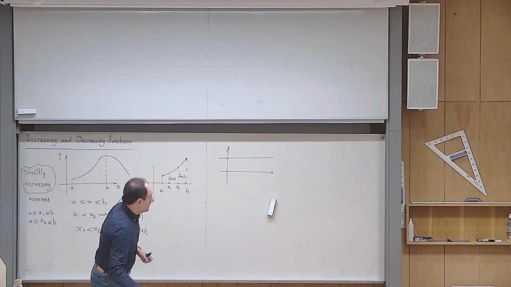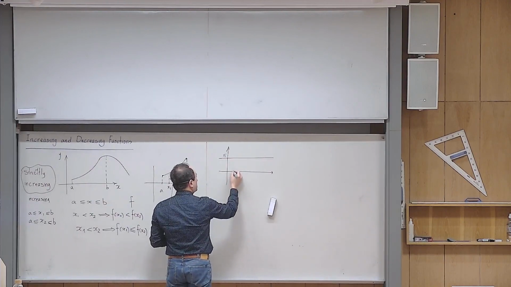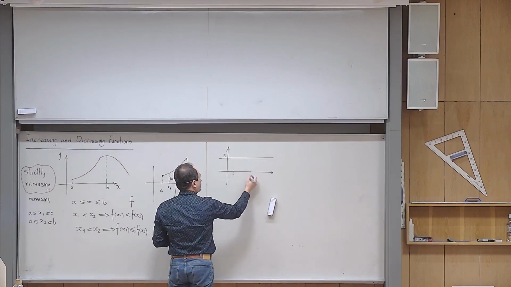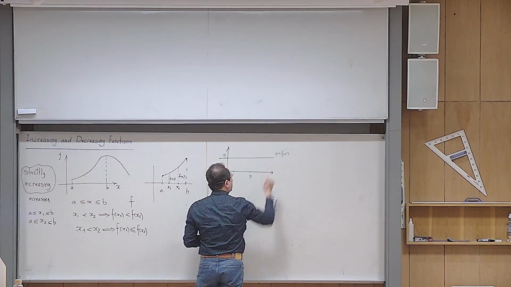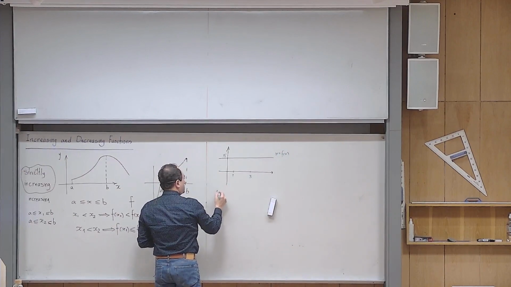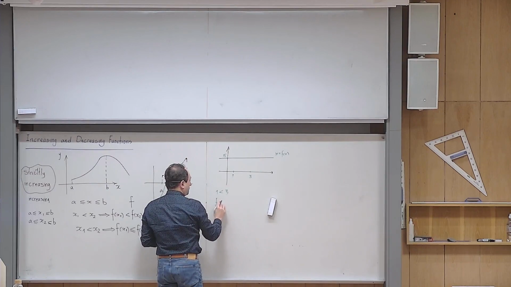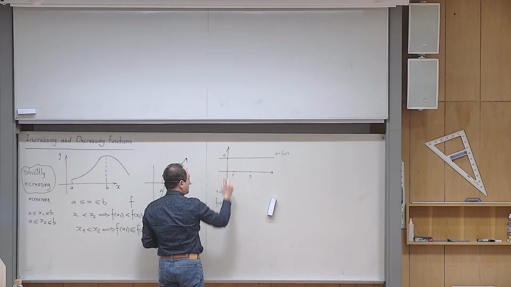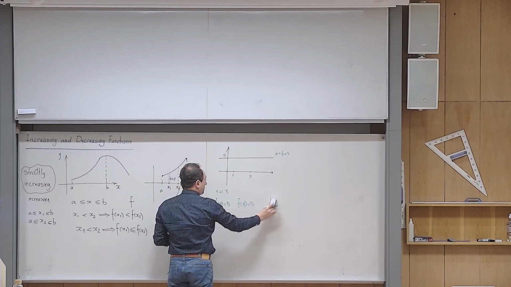For example, if I say that this is 5, this is 1, and this is 3, and this is the graph of the function f of x, then 1 is less than 3, everyone agrees, of course. But if I calculate f of 1, the answer is 5. If I calculate f of 3, the answer is again 5.